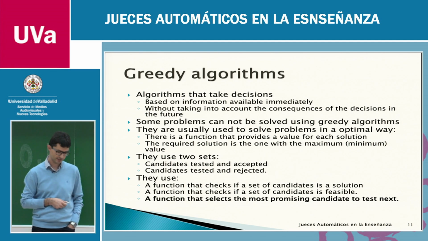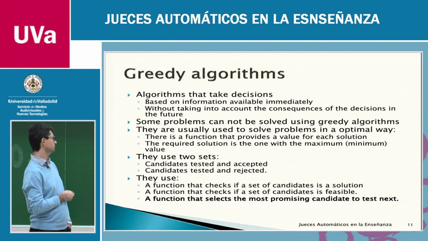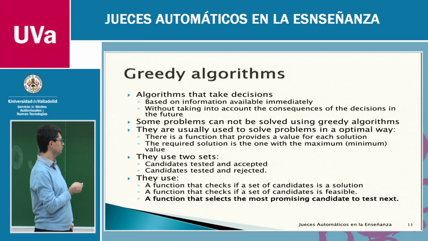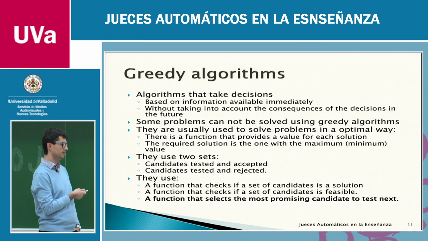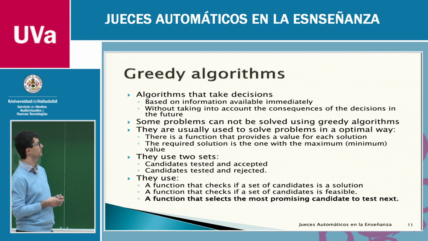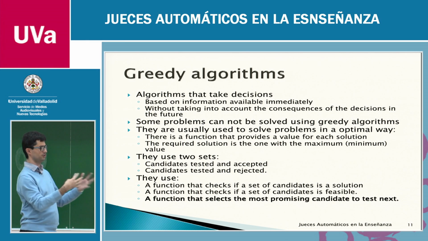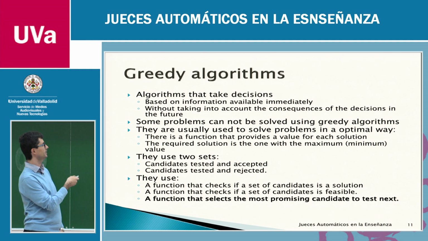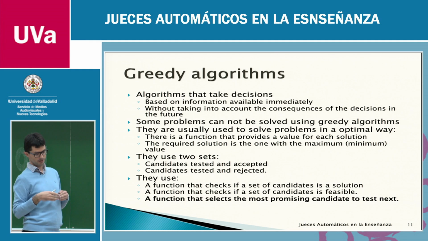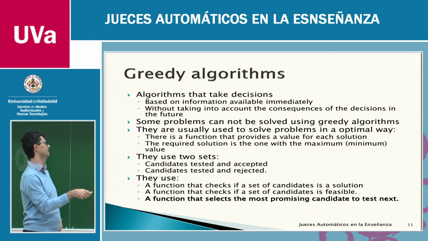Greedy algorithms are another type of algorithm. So the idea is that they make decisions in the short term. They don't plan for the long term like other kinds of solutions. So they take the information available immediately and try to find a better way and go over there.